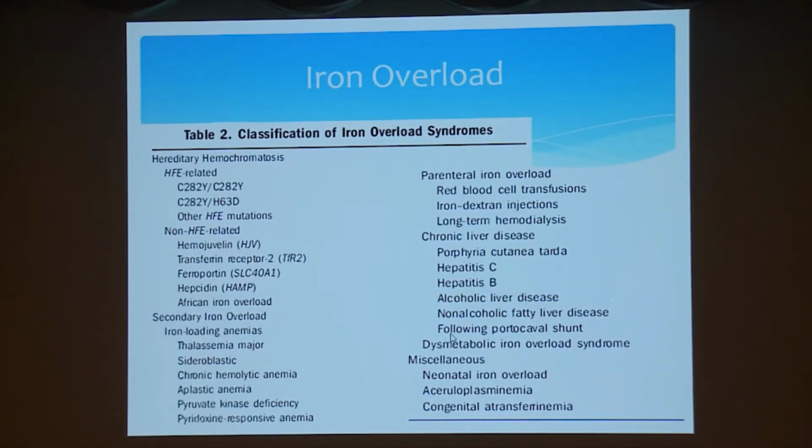So I will switch a bit to iron overload. That's the second last part of my presentation. We can appreciate iron overload: there is hereditary hemochromatosis, which is the commonest one among Caucasians. But in Chinese or Asians, we have different mutations involved rather than HFE.